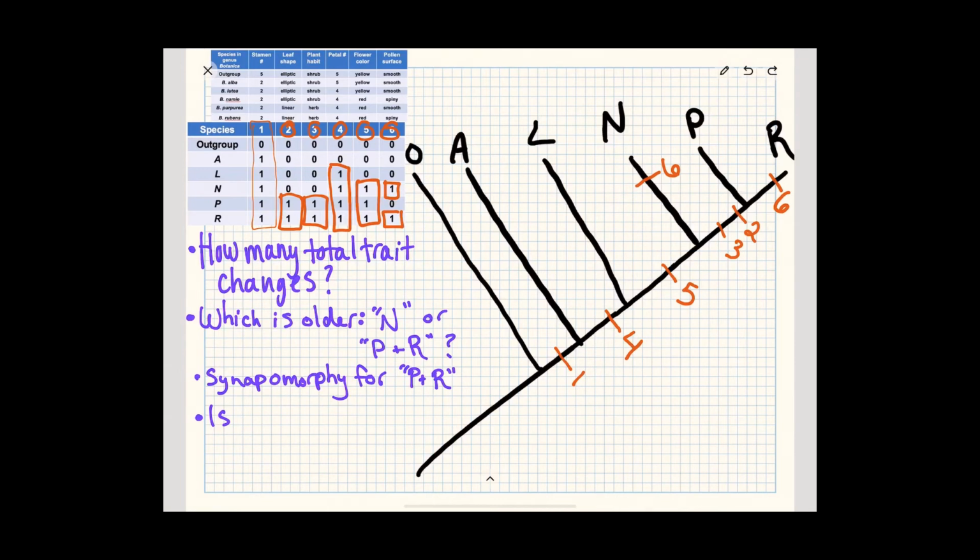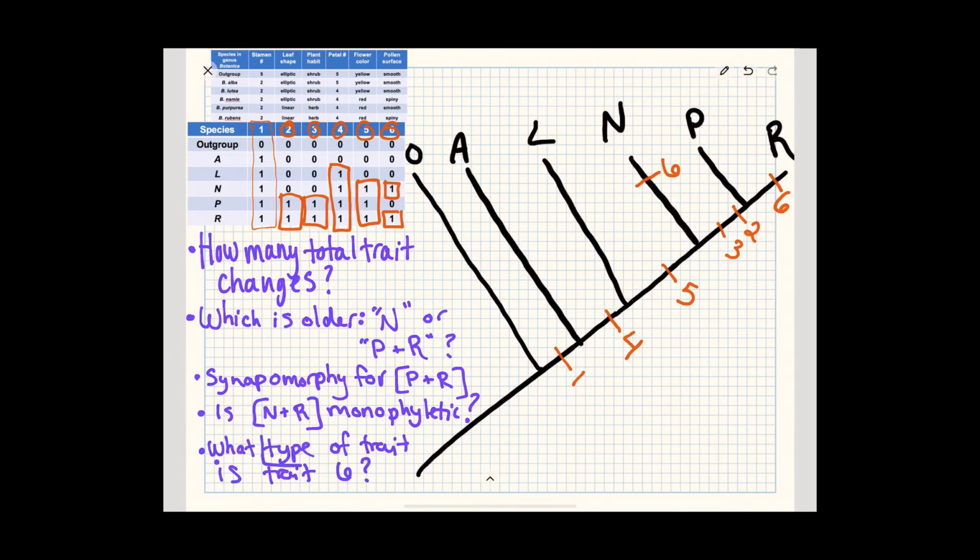Next, I'm asking for a synapomorphy for that small group that is P plus R. Trait number 2 and trait number 3. So the leaf shape and the plant habit are both synapomorphies for the group P and R. Is N plus R monophyletic?